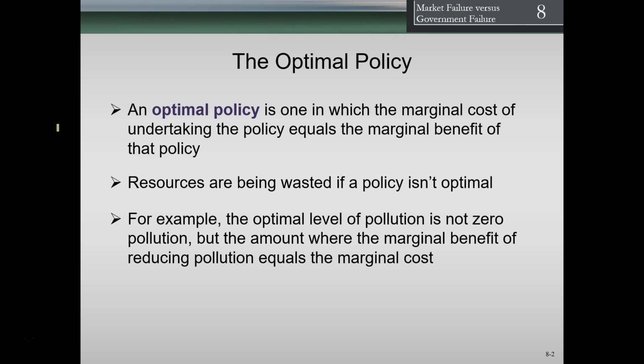For example, the optimal level of pollution is not zero pollution, but the amount where the marginal benefit of reducing pollution equals the marginal cost. That may seem counterintuitive to many people because if we're thinking about a problem of pollution, oftentimes we're going to think, well, we want zero pollution, but that may not be optimal, and we may not know exactly what that optimal state is.